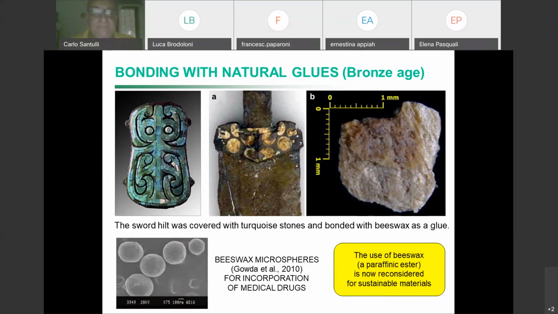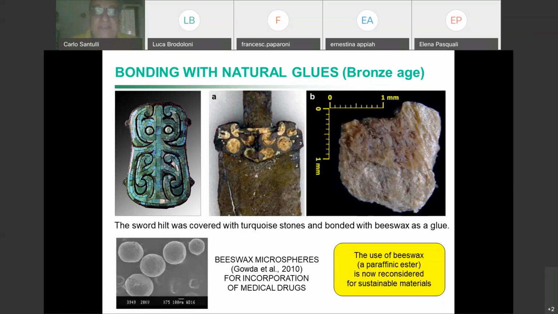A number of stones were put and glued into the sword hilt, with the idea that it would not only give more value to the sword, because it wasn't a sword used by a simple soldier, but probably its goal was to be given to a king or some person of importance.